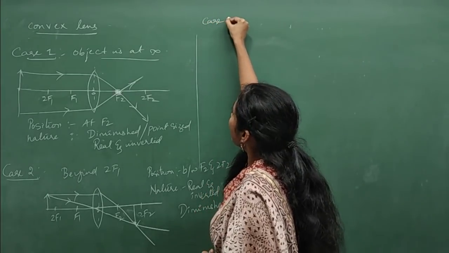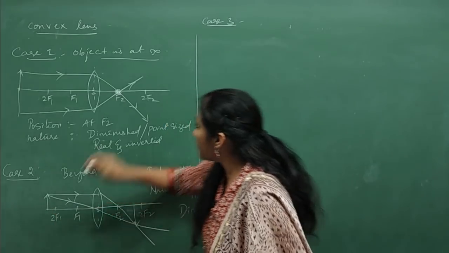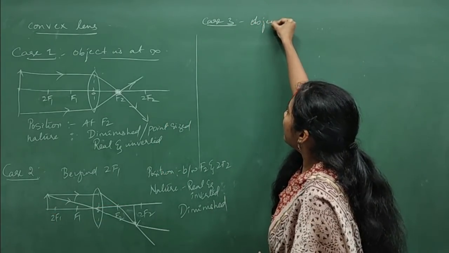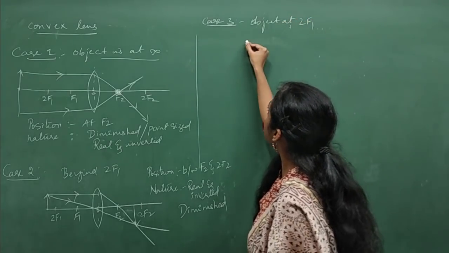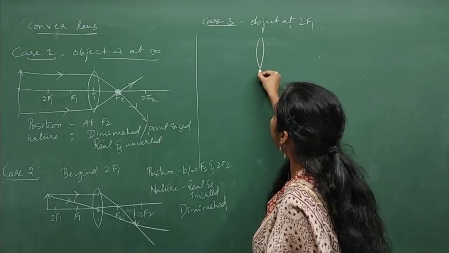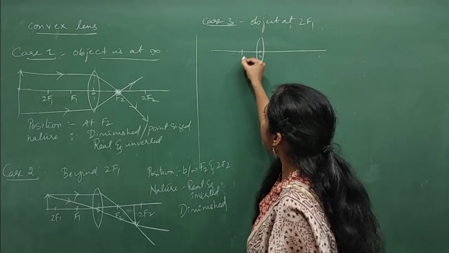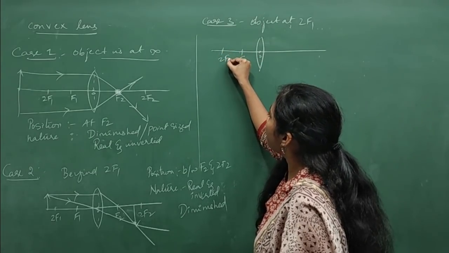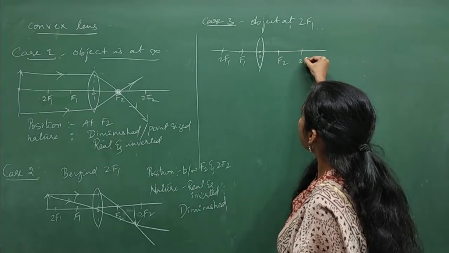Coming to case 3. Case 3, where will you place the object? If I place the object at 2F1, so how do you show the ray diagram? This is your optic center, principal axis, this is F1 and this is 2F1, and this will be your F2 and this is 2F2.